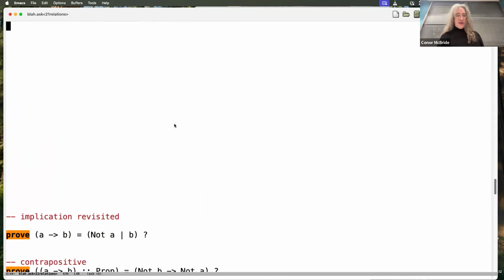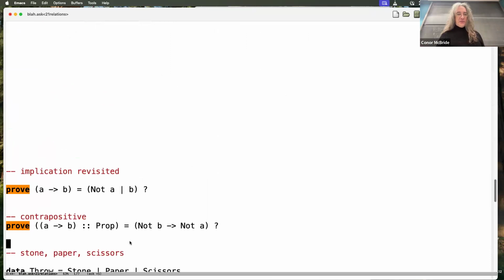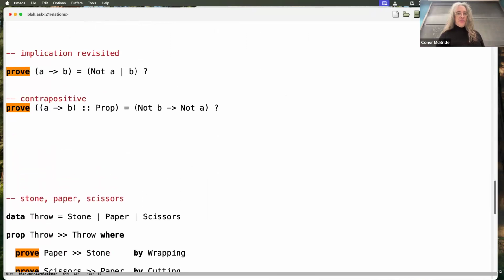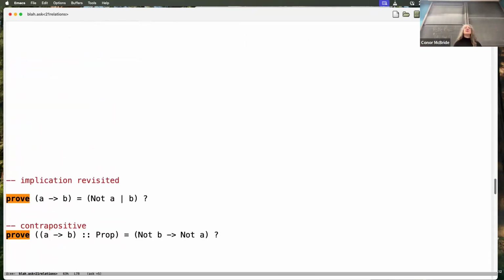What time is it? It's plenty of time to muck about a bit more with the same stuff. So just to get used to this idea a little bit more, if you are in a Boolean world, then A implies B is the same thing as either A is false or B is true.